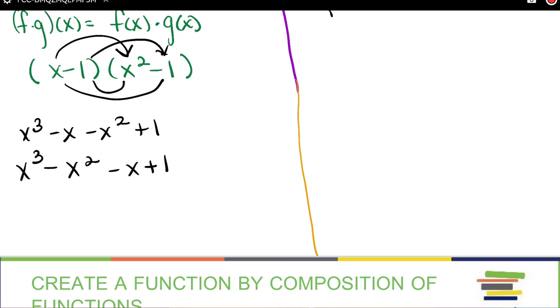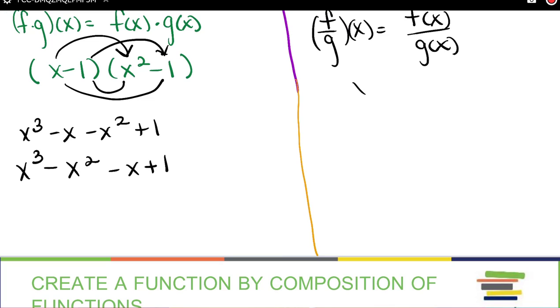And last, we have f over g of x, which is the same as f of x over g of x. And f of x is x minus 1, and g of x is x squared minus 1. Now this one we can actually reduce.